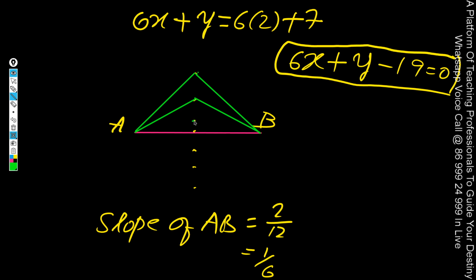So, you take any point on the perpendicular bisector, it is always equidistant from the extremities of the line segment. This is of course the midpoint, which is always equidistant because it itself is the midpoint.